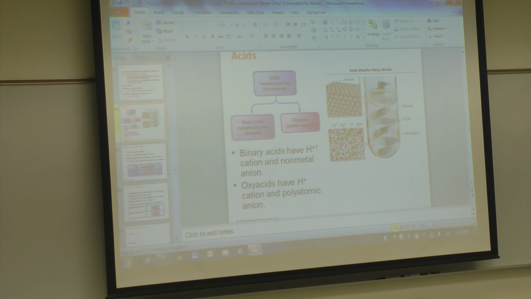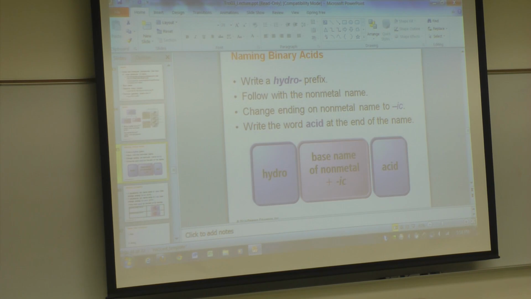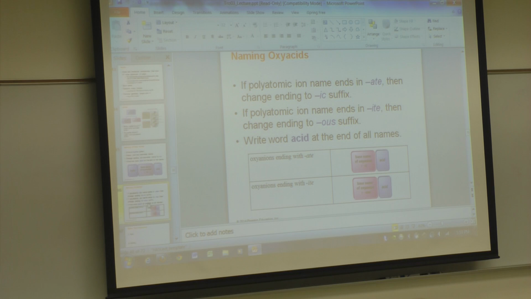Acids tend to have hydrogen as the first element. For binary acids, we write the prefix hydro- and end with -ic and acid, so we say hydrochloric acid.